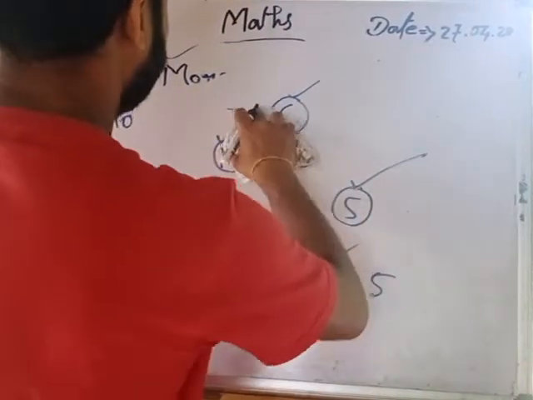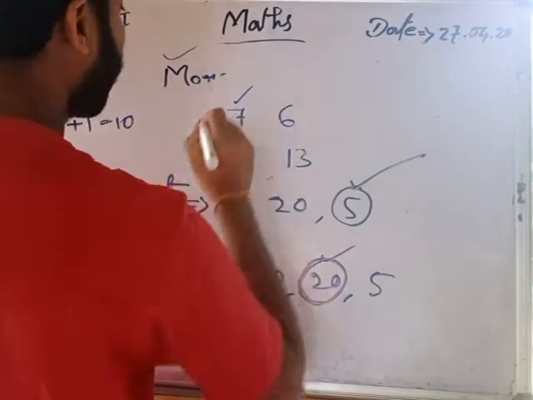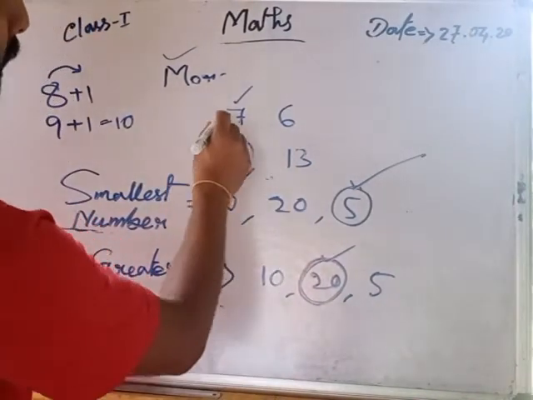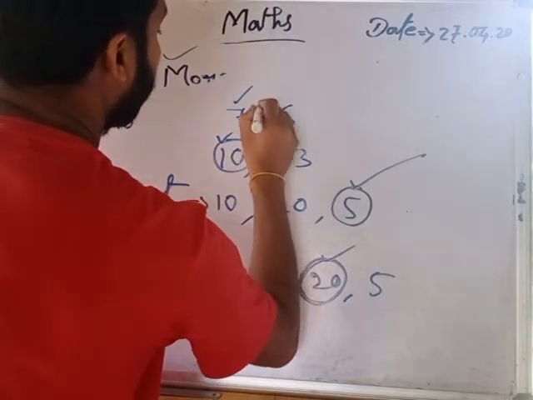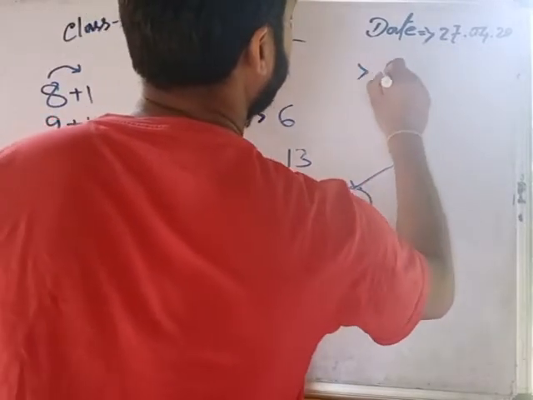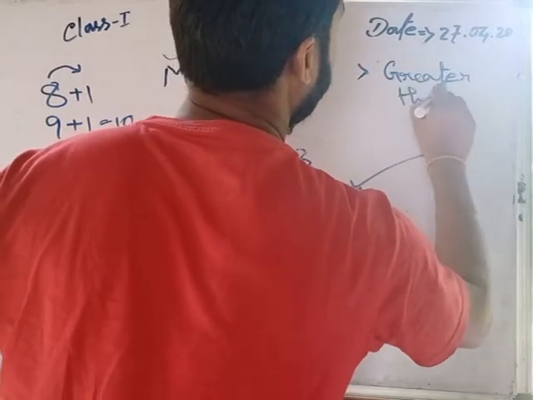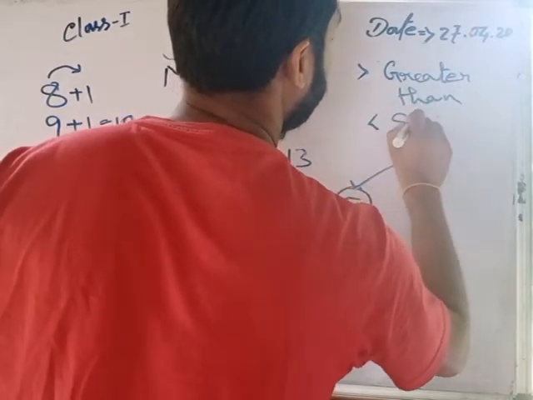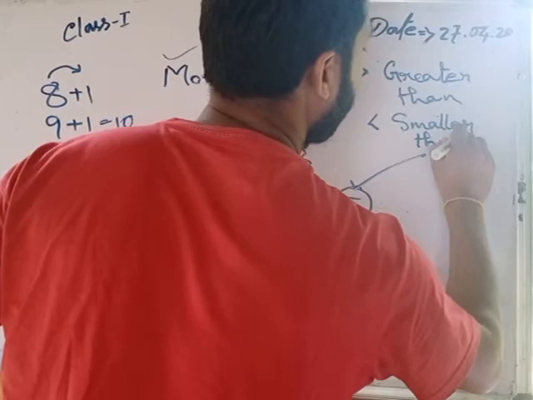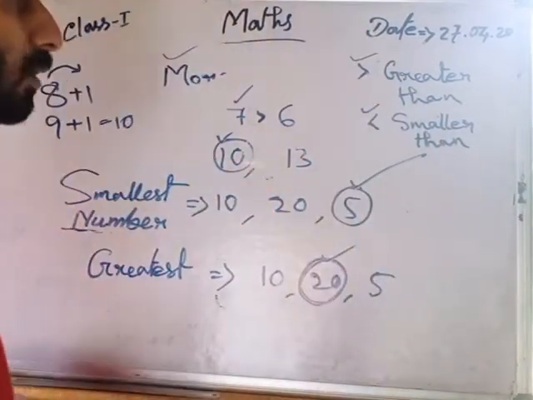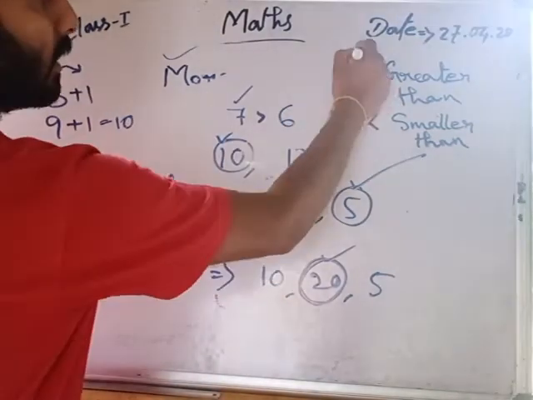From these two numbers, if one is the greater number or more number, you should give the greater than mark. This one is called the greater than. This one is called the smaller than. This one is the greater than sign, this one is the smaller than sign. If the first number is greater or bigger, you should write the greater than sign.